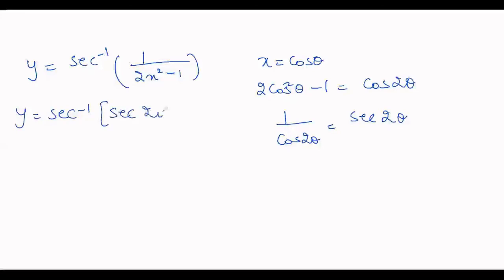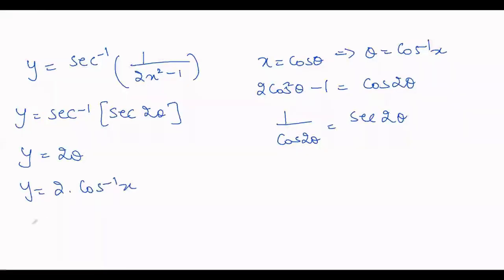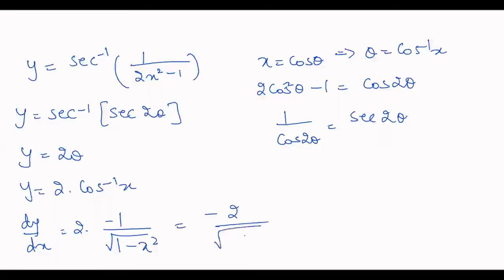I get y is equal to 2 theta. Based on my substitution here, theta is equal to cos inverse x. So let me rewrite this: y is equal to 2 times cos inverse x. So dy by dx is equal to 2 times the differential of cos inverse x, which is minus 1 by square root of (1 minus x squared). So my final answer: minus 2 by square root of (1 minus x squared). Clear this?